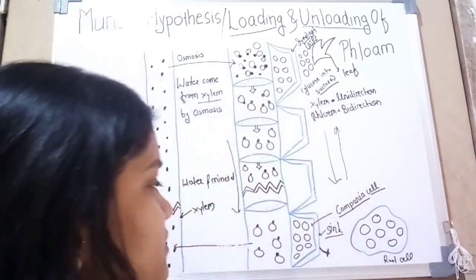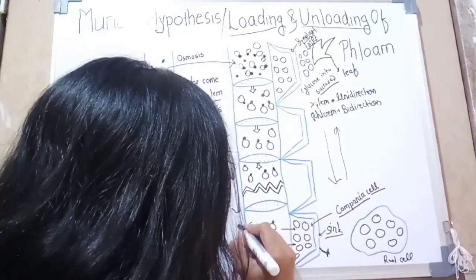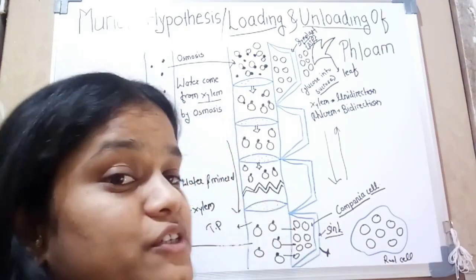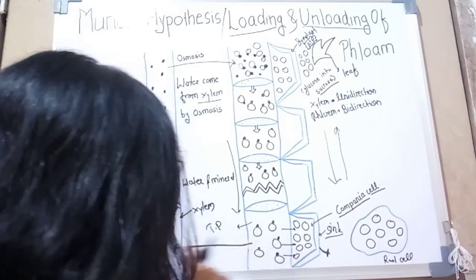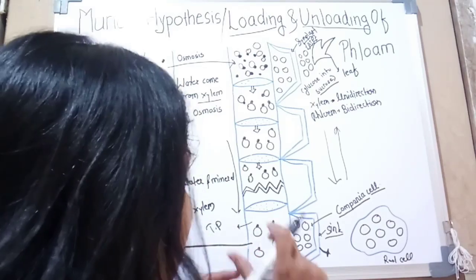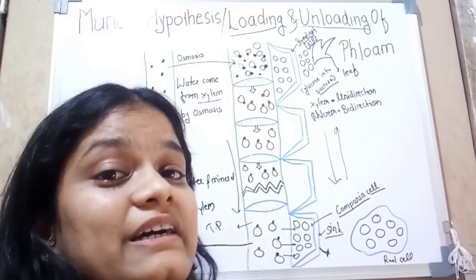Now, what happens once the sucrose reaches that region? The sucrose moves into these cells, where it is stored. As a result, the turgor pressure (TP) decreases, and as a result water moves from the phloem to the xylem. So here there is an empty space, and this empty space creates a gradient.